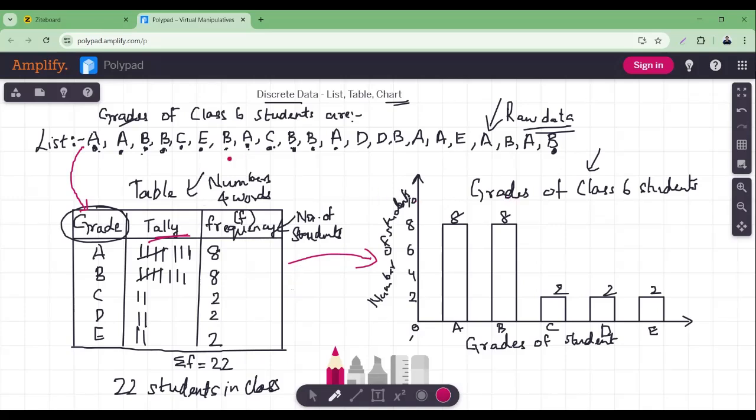From the list, directly drawing the graph might be difficult. But drawing a graph from the table is very, very easy, right? And the representation becomes more and more simple and understandable from list to table to the chart. Okay, this is a chart, called a bar chart or a bar graph.